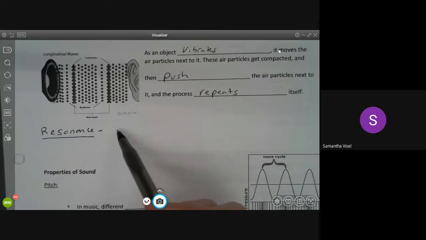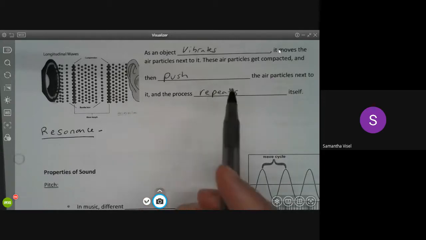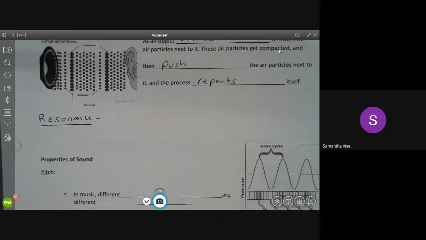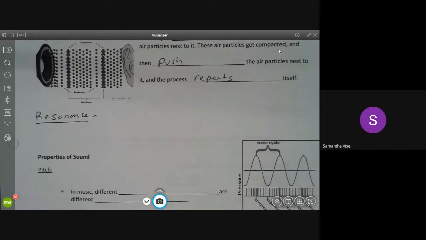Now, the term resonance can describe how something creates a sound, how a sound is made by vibrating matter.